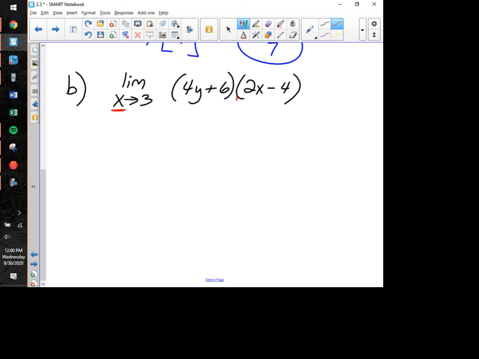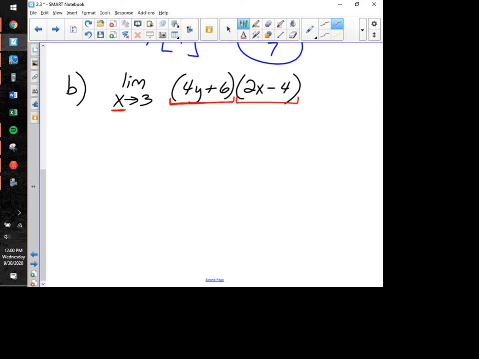That means that this expression right here, that factor of 2x minus 4, is impacted by the limit as x approaches 3. But the value of x has absolutely no bearing whatsoever on the value of 4y plus 6. There's no x at all in that first binomial factor.